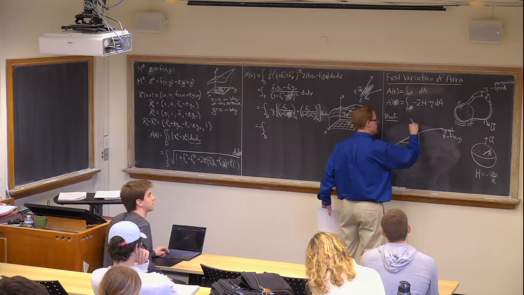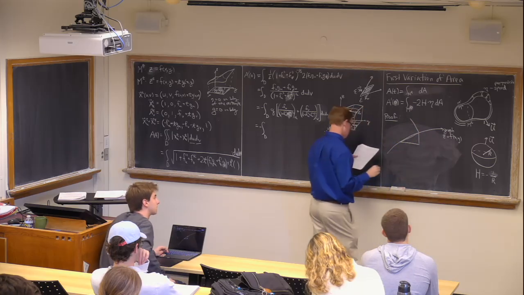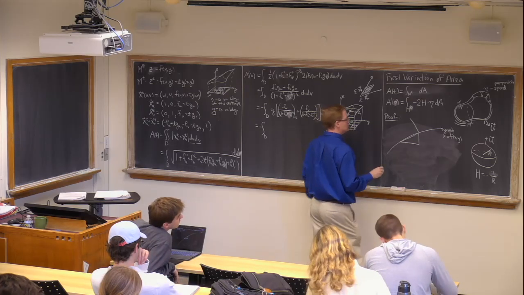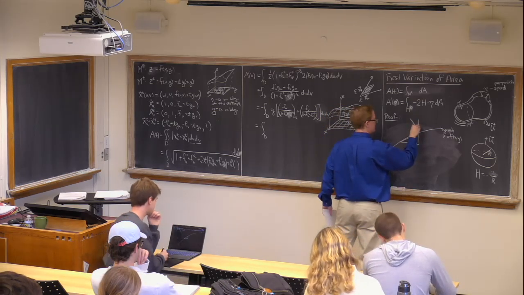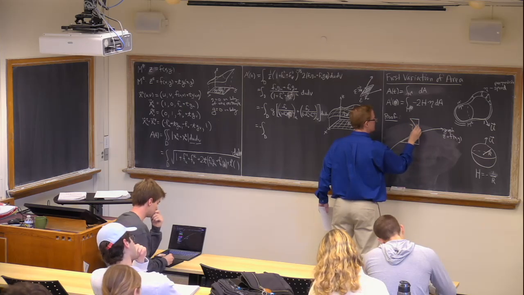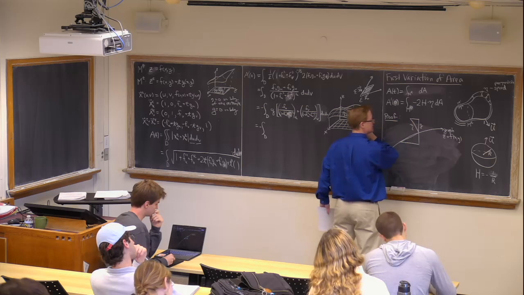Eta is the speed this way, and G is the speed this way. All right, so this is eta, and that's G.